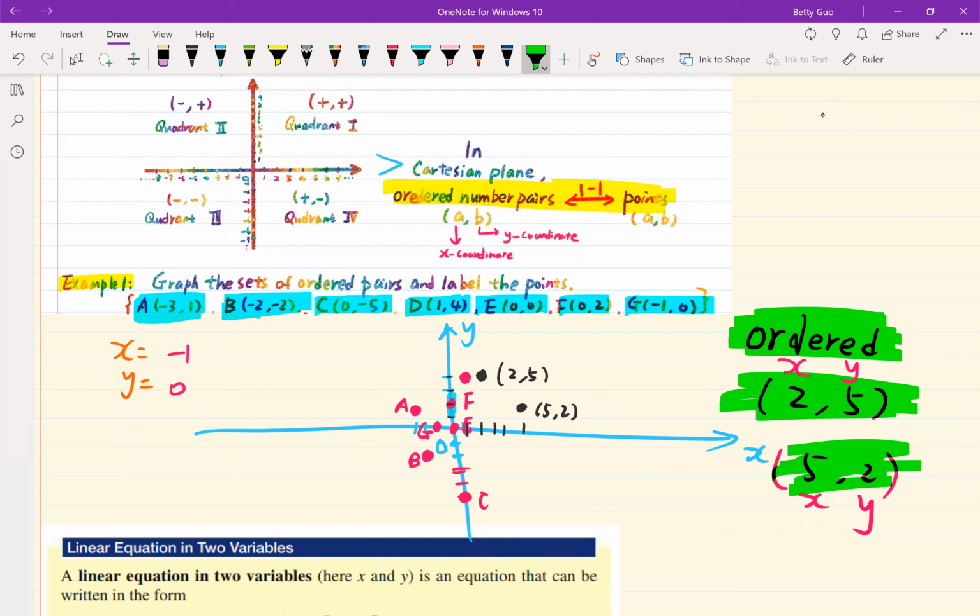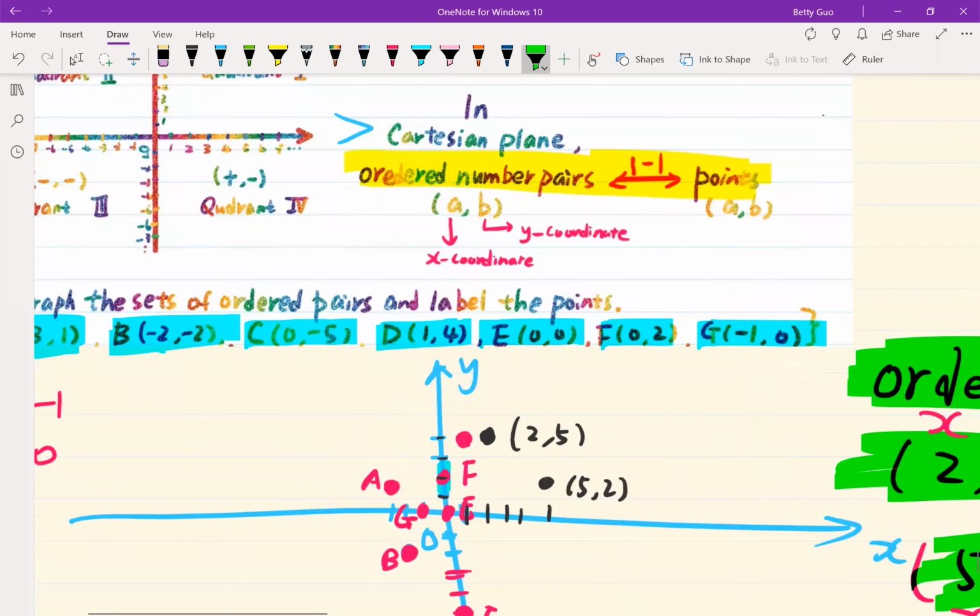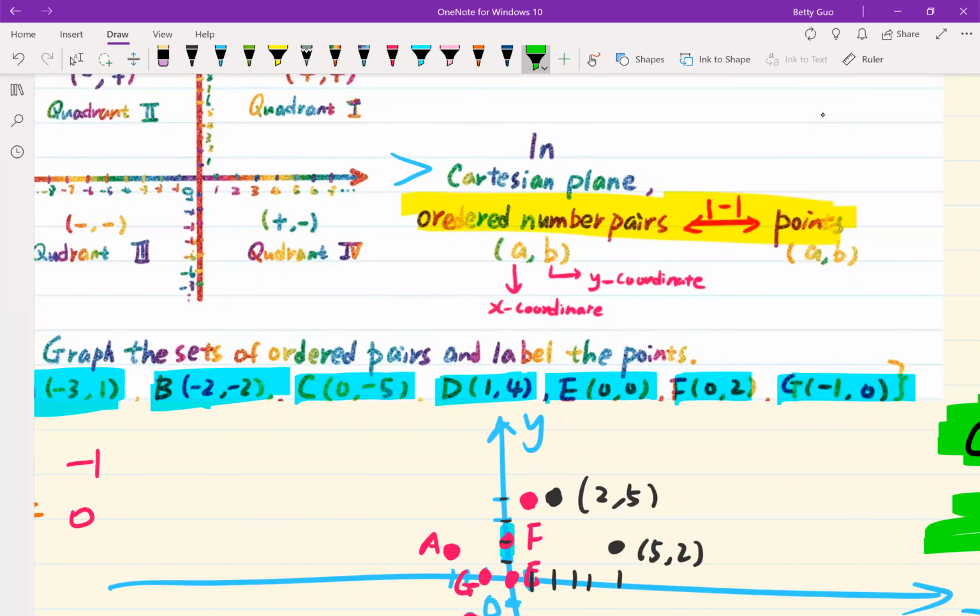The fact is, there is a one-to-one correspondence relationship between ordered number pairs and the points in a two-dimensional space. It means for any ordered number pair, there's only one, not more, not less, exactly one point corresponds to it in a rectangular coordinate system.